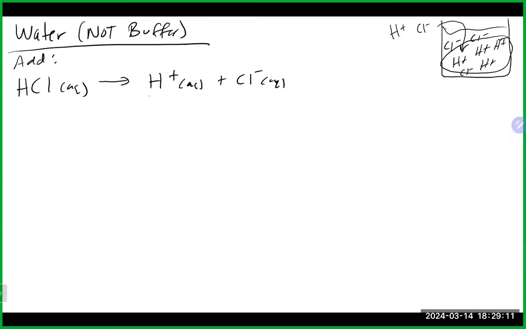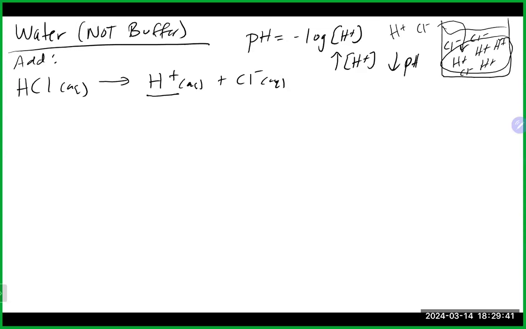I just made a ton of H plus, which means my concentration of H plus just went up, which means my pH is going to go way down. So maybe you have some water that's 7-ish, and you add some HCl to it, you will see maybe the pH go from 7 down to like 2, a pretty big jump, or 1, depending on how much you put in there.